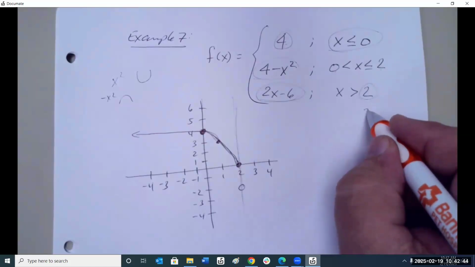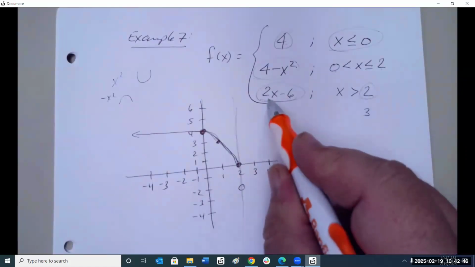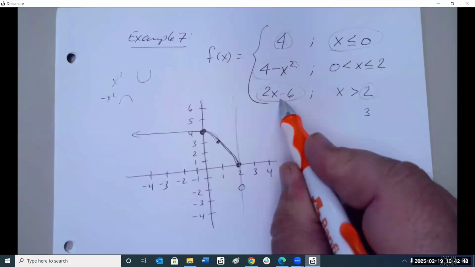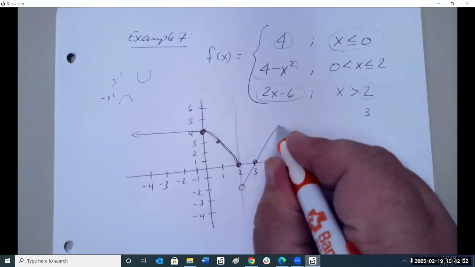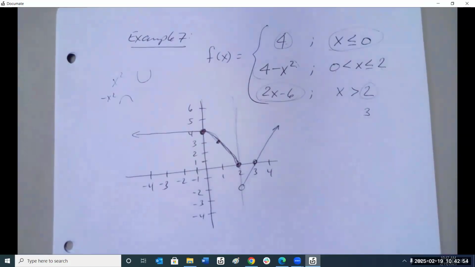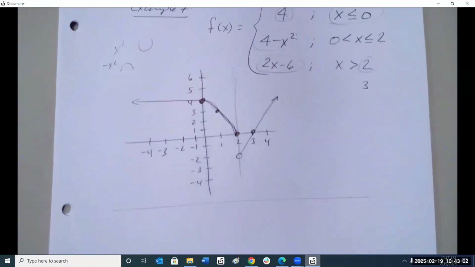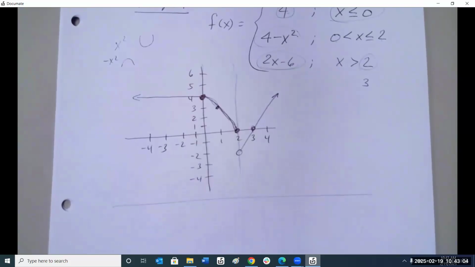When x is 3, 2 times 3 is 6. 6 minus 6 is 0. So there's my graph there. There's my function. This is how you have to look at each one of them separately.